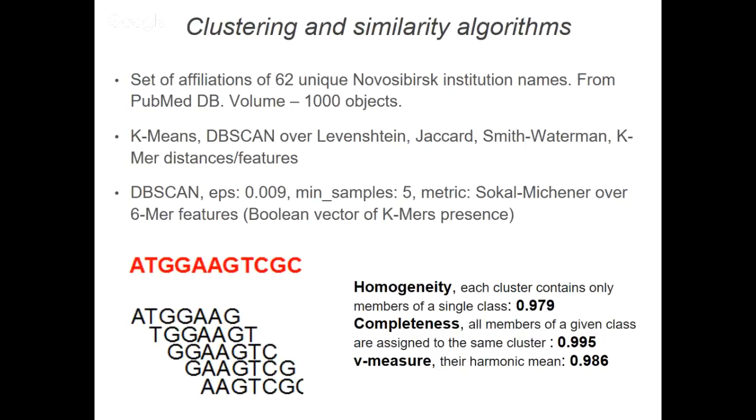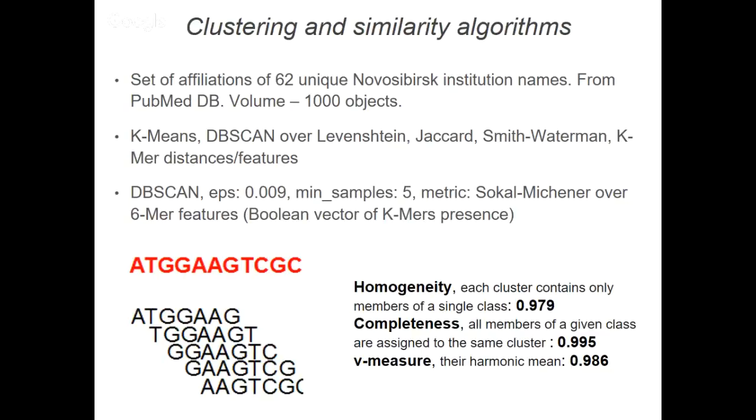For example, for Institute of Cytology, we will get INS, NST, and so on. These will be the K-mers. We formed a dictionary of all possible K-mers from our data set, and we looked at whether a K-mer is present in a name or not.